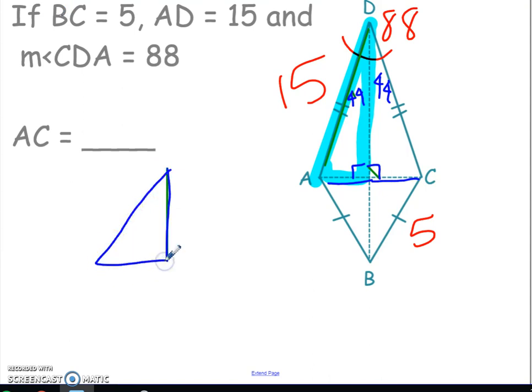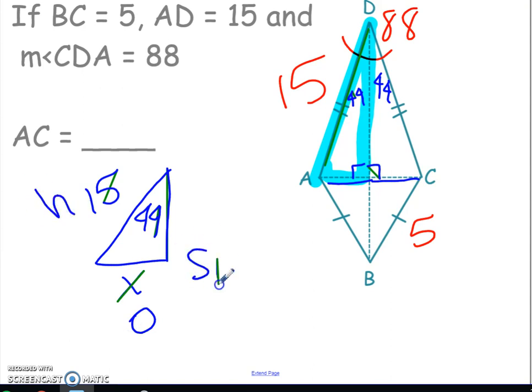I'm going to redraw it so you can see. I have 44 here, 15 here, and I'm looking for this. So I can do, this is opposite and hypotenuse. So I can do sine 44 equals x over 15.